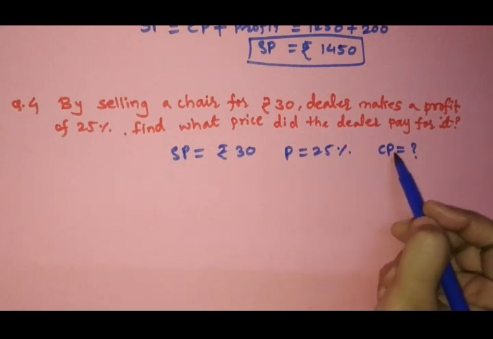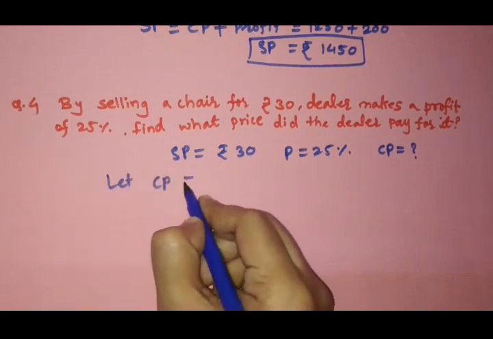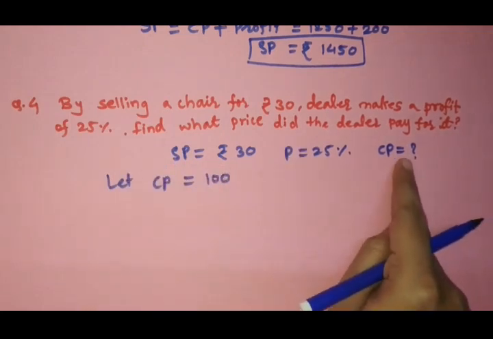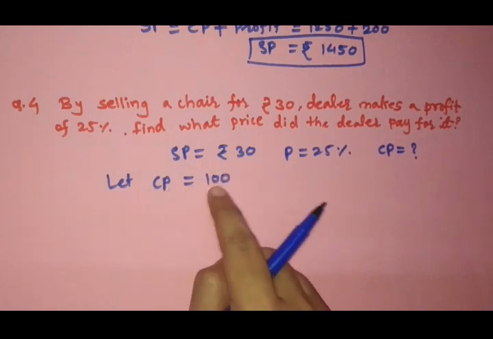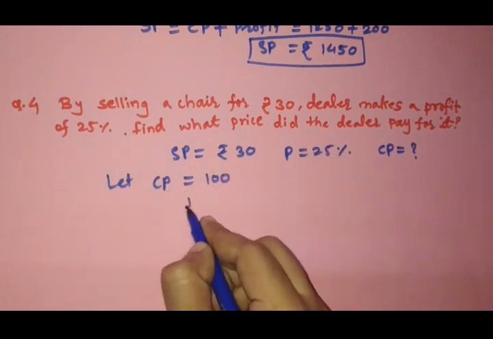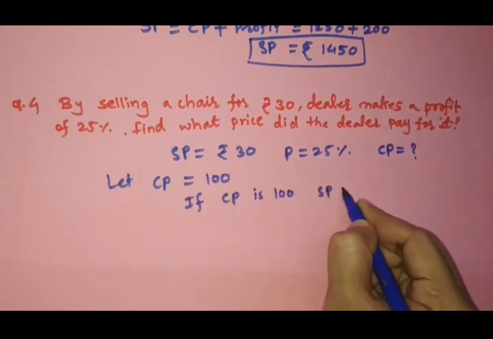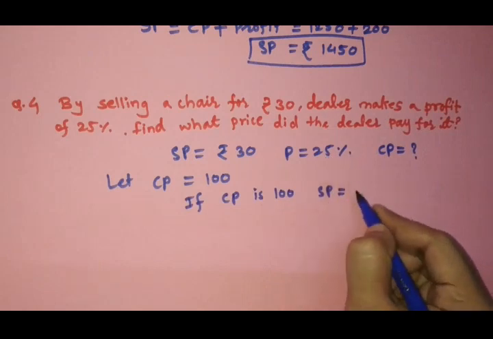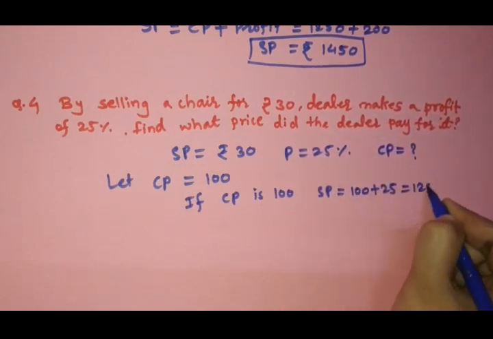So whenever CP is unknown, always consider let CP be 100. Whenever the cost price is unknown, you can consider let cost price be 100. So if CP is 100, you can say SP is equal to, here profit percent is given, so we'll go for 100 plus 25%, which is 125.